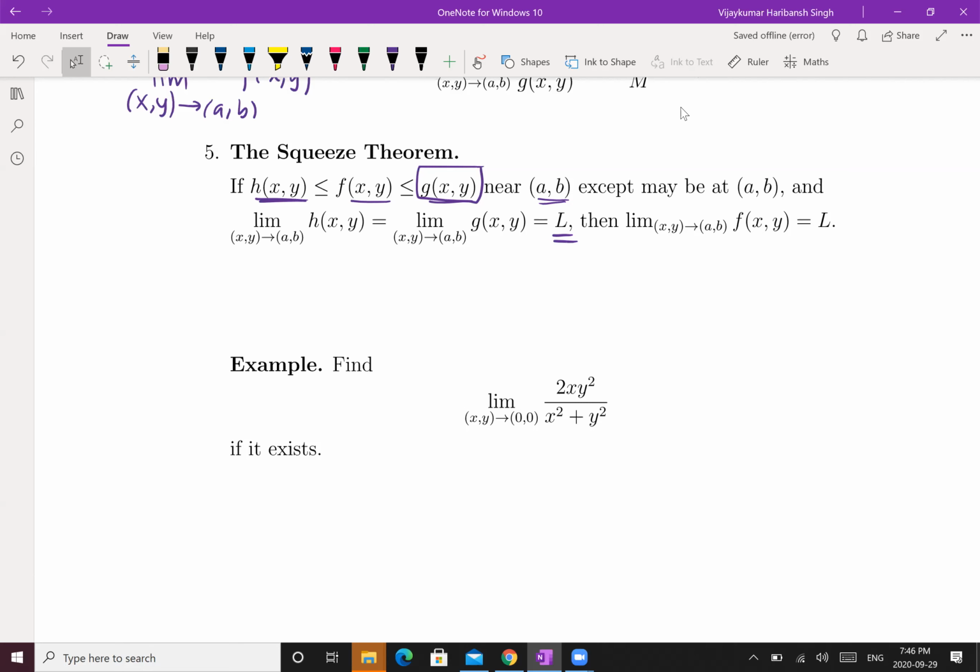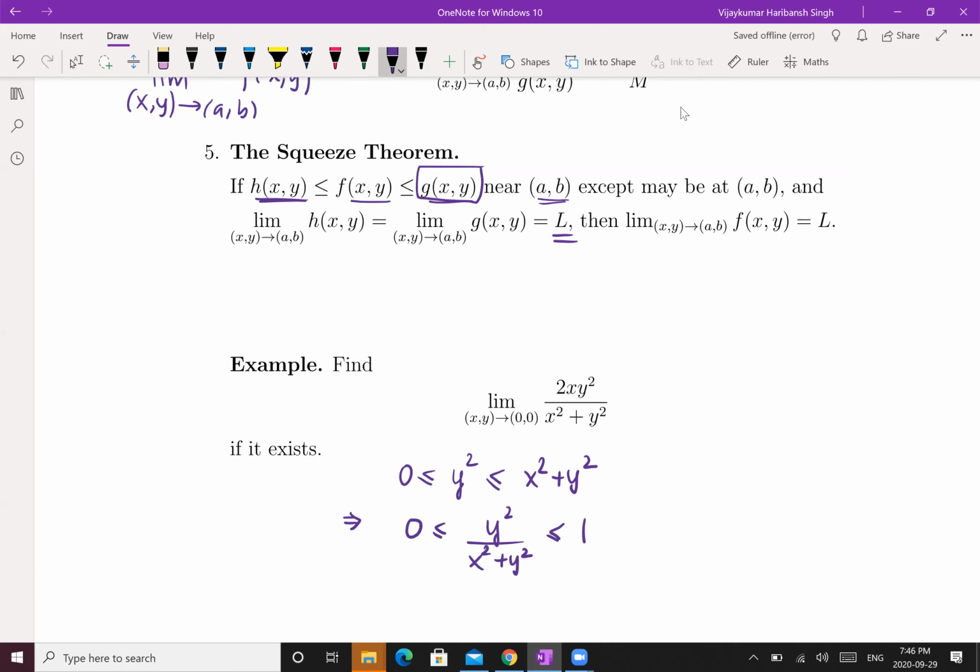So notice the following. We have y squared is always less than or equal to x squared plus y squared, no matter what, and this is of course greater than or equal to 0. So this implies y squared upon x squared plus y squared is less than or equal to 1, and greater than or equal to 0.